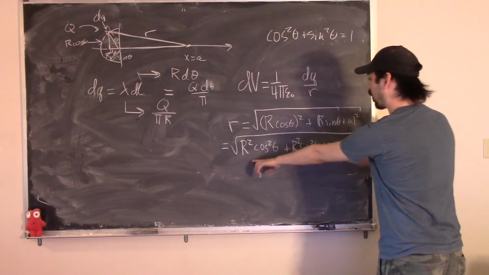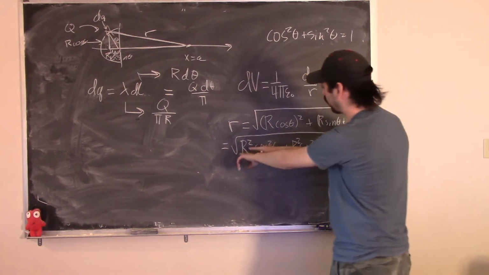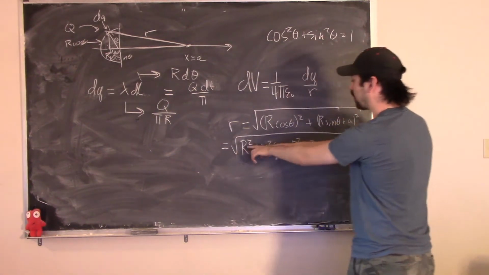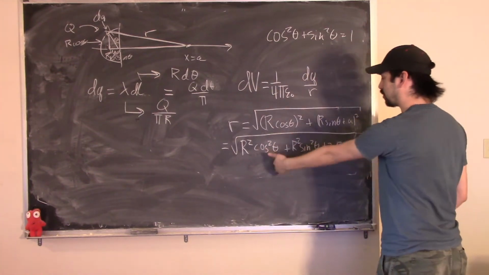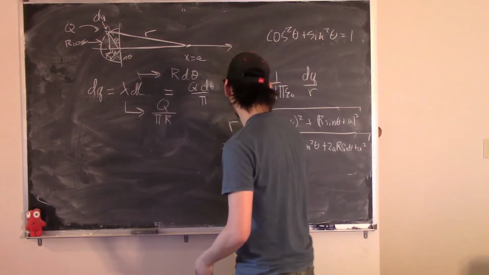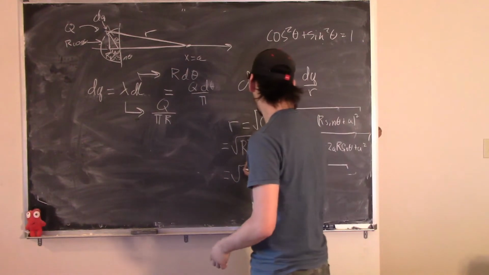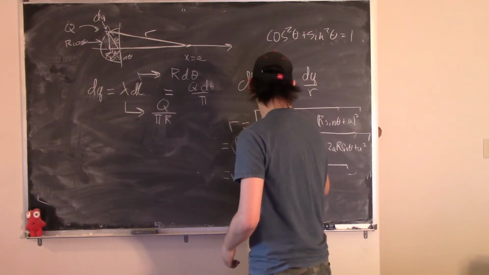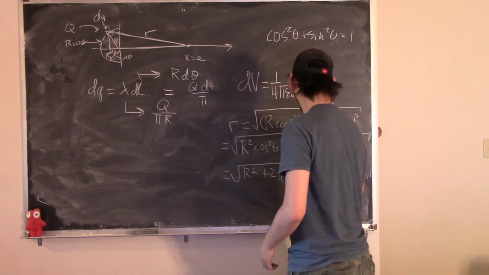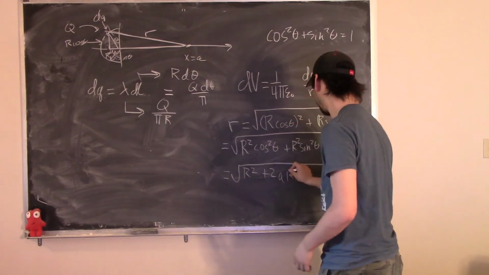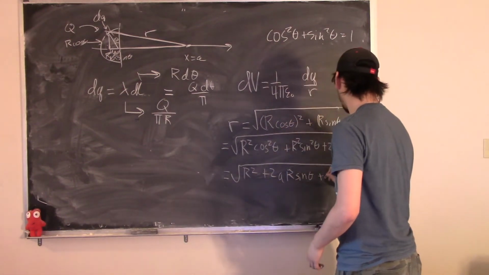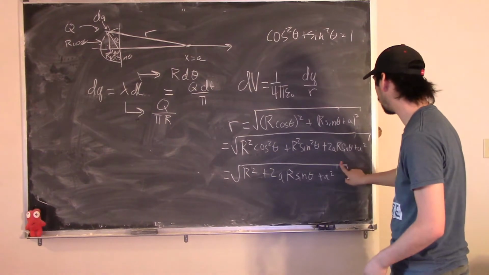Okay? So from these two terms I can factor out an r squared, and I'm left with cosine squared plus sine squared, which is just 1. And so this is going to be equal to the square root of r squared plus 2ar sine of theta plus a squared. And that's what r is in this case. Okay?